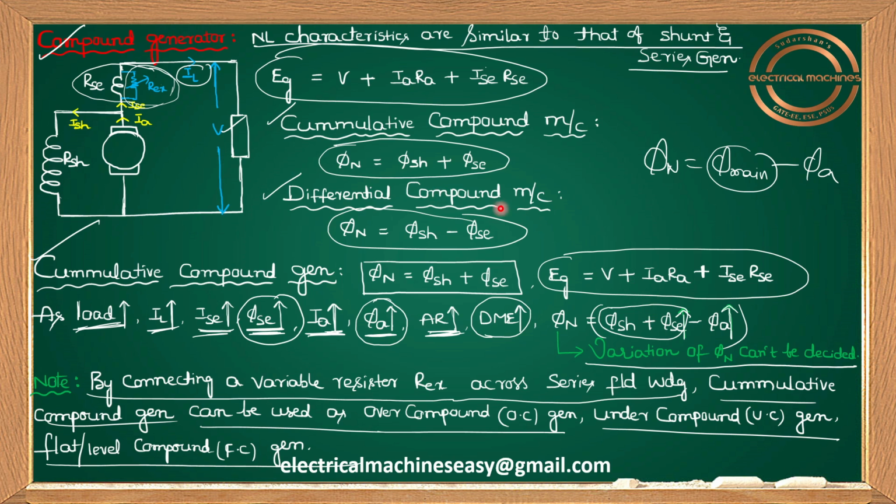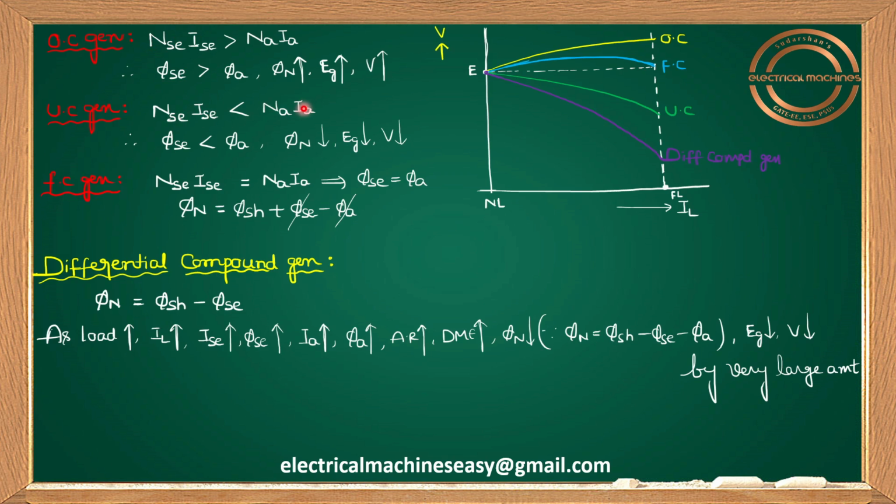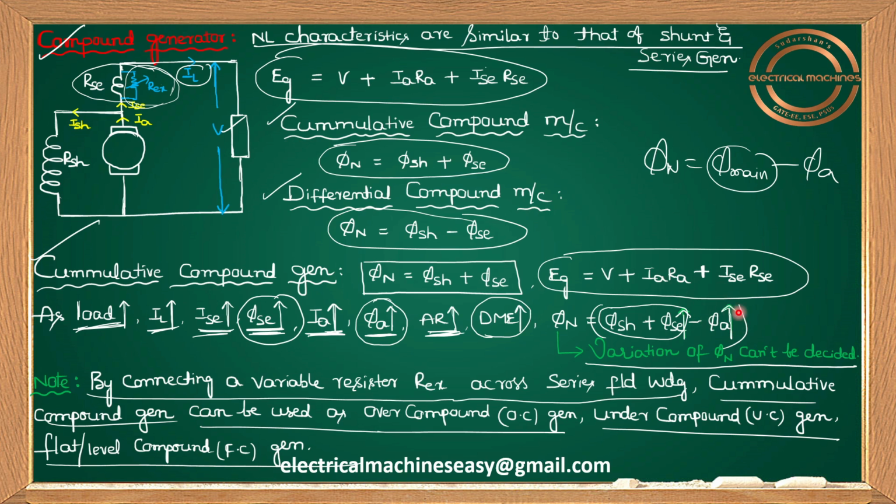So once again, by varying this variable resistor, I'll adjust such that your armature MMF, NAIA, will be more than NSCISC, that is, NSCISC is less than NAIA. Like that I'll maintain. So what will happen because of that? Your series flux will be less than the armature flux. So whenever the armature flux is more dominant, the net flux will reduce.